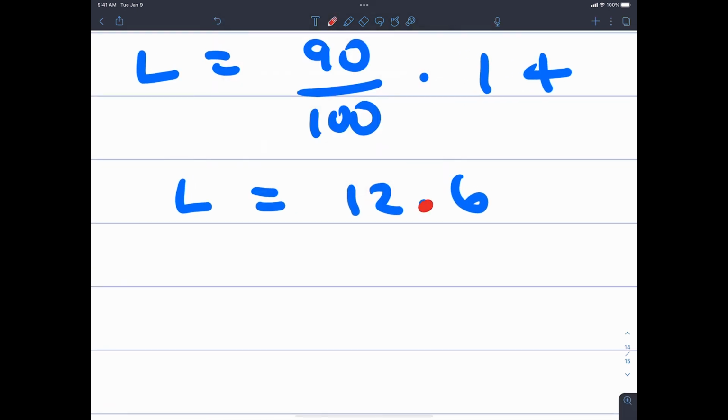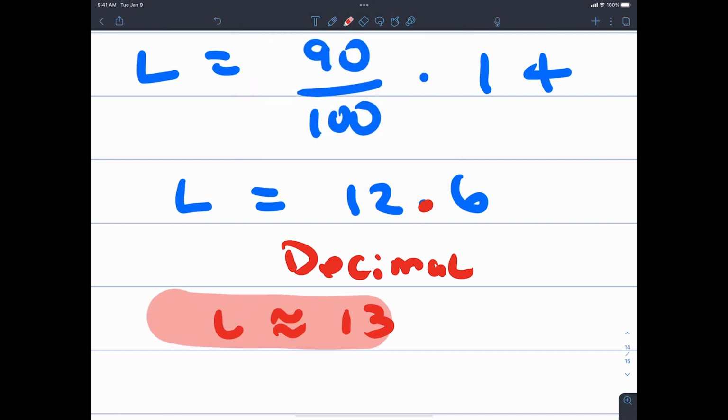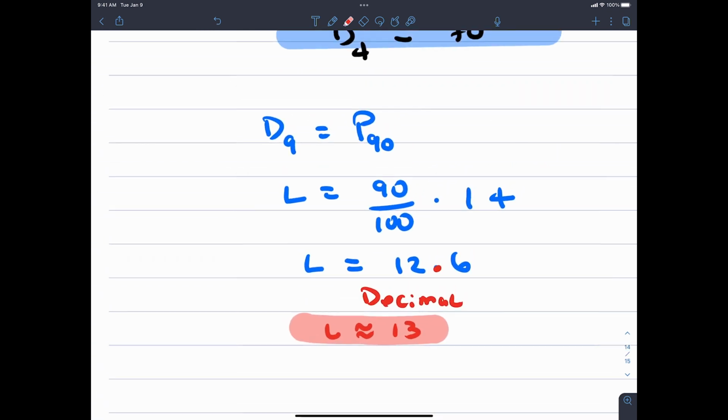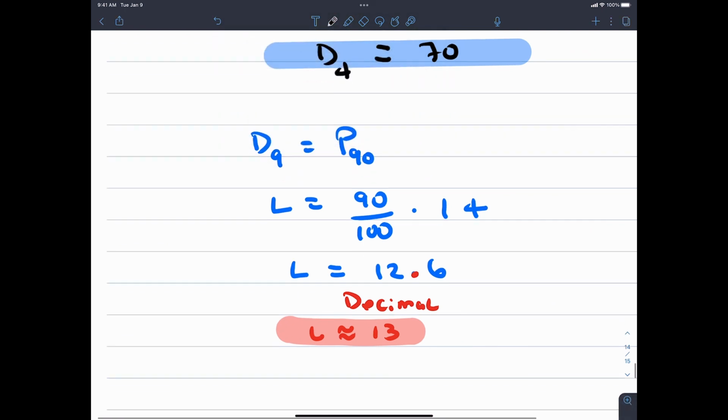What do I know about this number? It's a decimal. What do you do when it's a decimal? Round up to the next whole number. What does L stand for? It's your locator. What does the locator do? It locates your answer. Is that right?